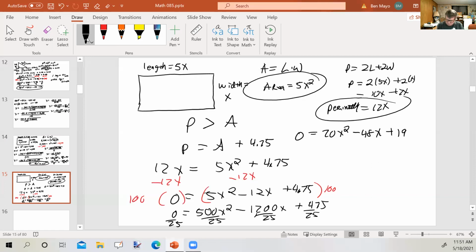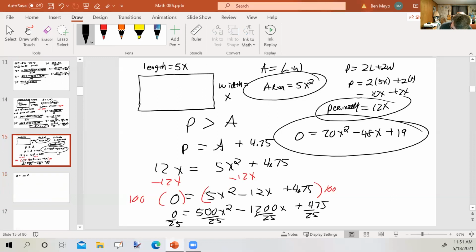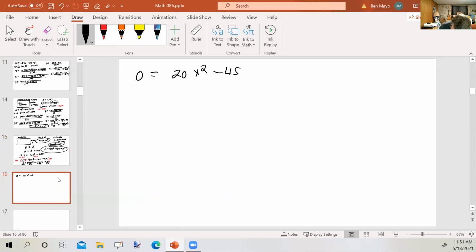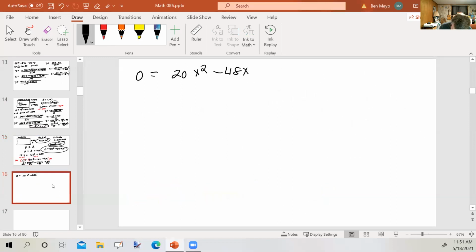Okay. So now let's take this and go to the next page. 0 equals 20x squared minus 48x plus 19.